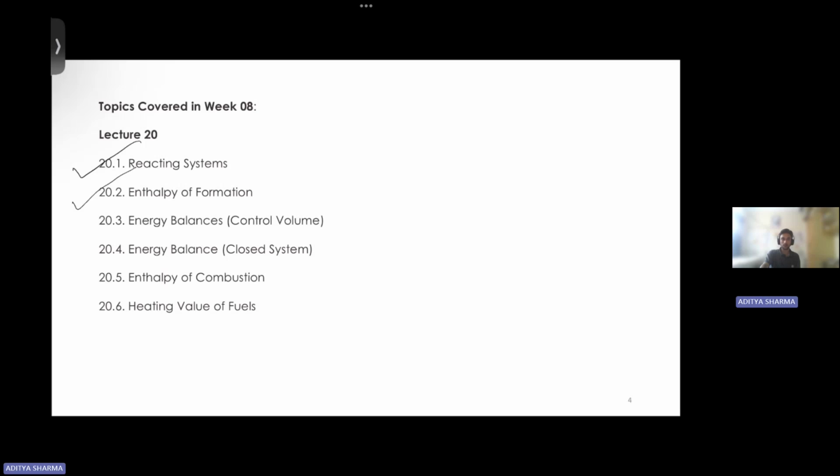Then there is a discussion on energy balances for a closed system and then for a control volume. For a control volume, you can take the system of a turbine of an aircraft, right? In that case, this energy balance for a control volume can be taken.